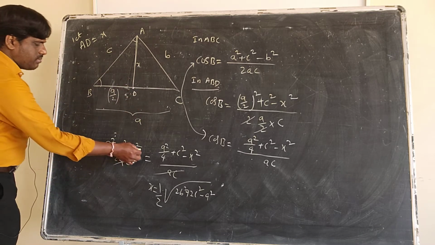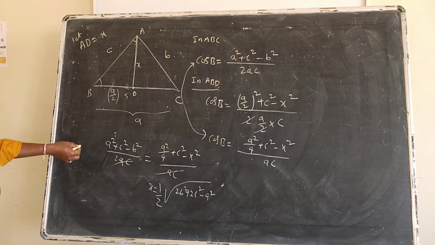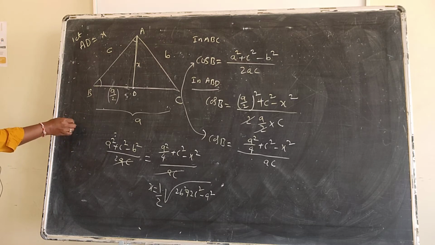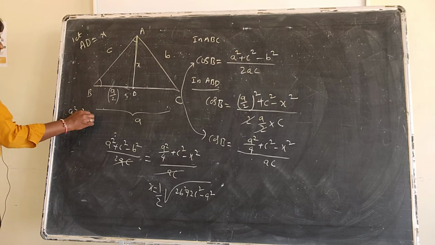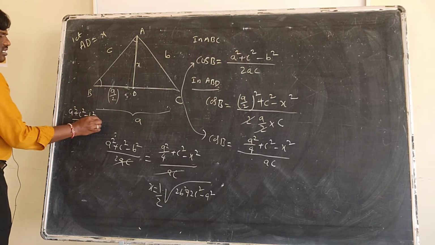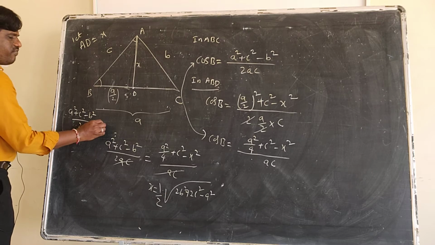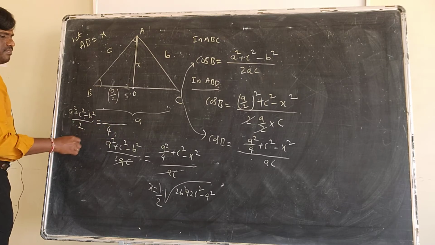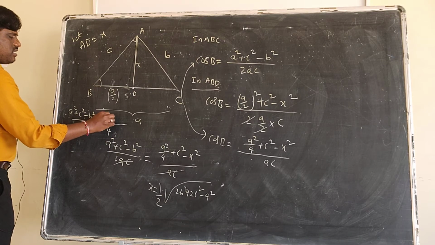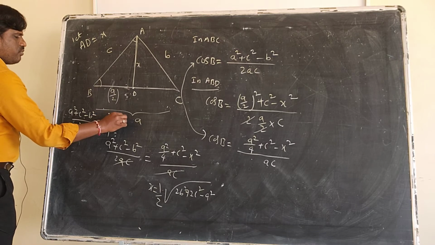After this you can do it simply here. If you really want the steps, I'll do it. That is no problem for me, because here a square plus c square minus b square by 2 is equal to, here if I take the LCM, 4 will come down and I'll get a square plus 4c square minus 4x square.